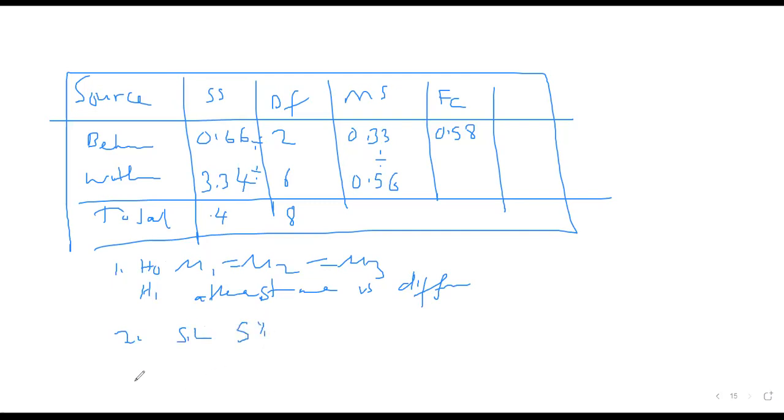Step 3, you read the F table. For 5%, the reason why we need the degrees of freedom is to read the tables. This is 2, 6. So let's go to the statistical tables and look for 5%, 2, 6.